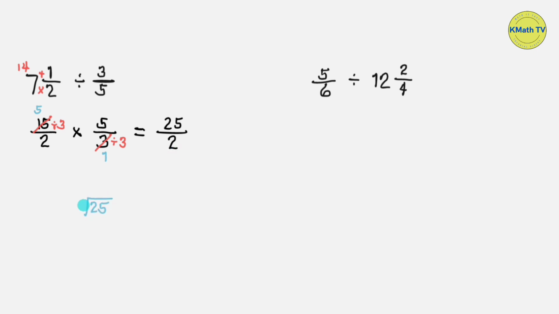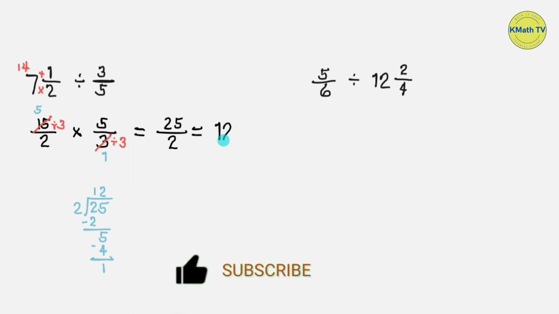Okay, if we divide 25 by 2, the quotient is 12 and the remainder is 1. Since there is a remainder, we will write the answer as mixed number. Okay, let's write the answer. The quotient 12 is the whole number.